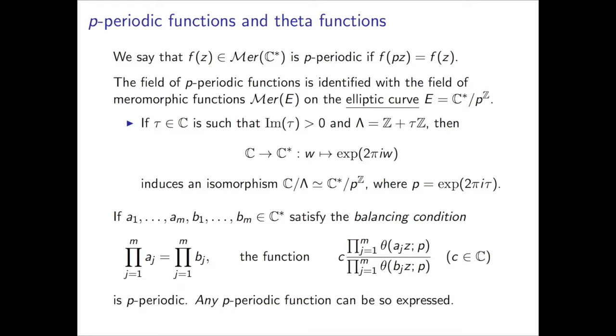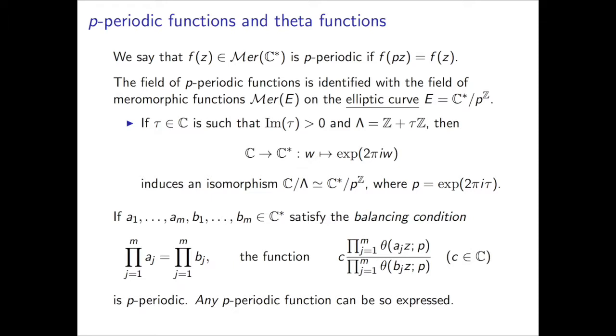So if you're used to thinking of elliptic curves as coming from quotienting the complex plane itself by a lattice, then if this is your lattice, this map where you exponentiate to send it over to a local coordinate on C star induces an isomorphism between the way that you want to think about elliptic curves and the way that I have to think about elliptic curves, because this is the language that is relevant for the elliptic hypergeometric functions.